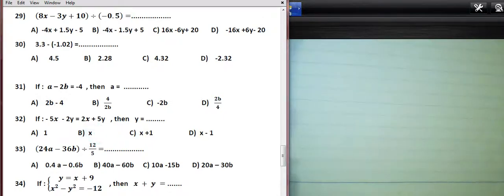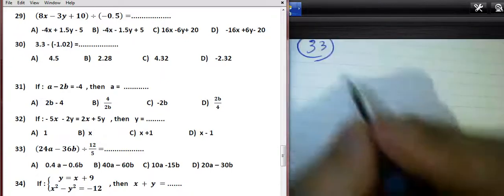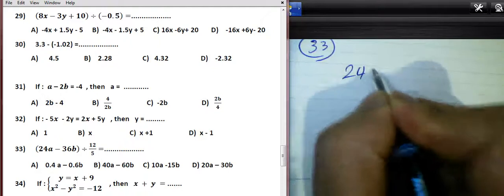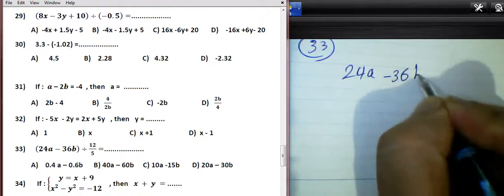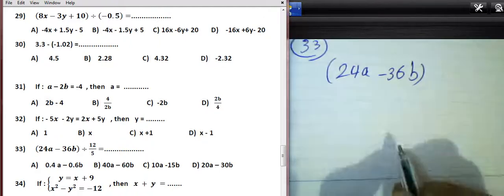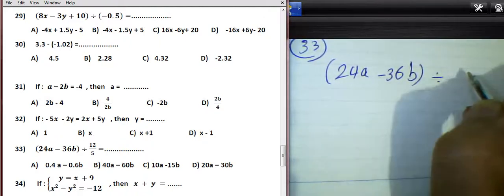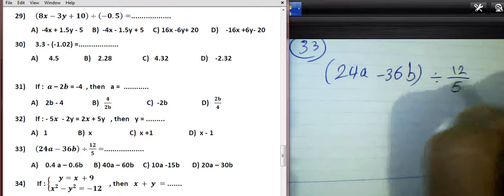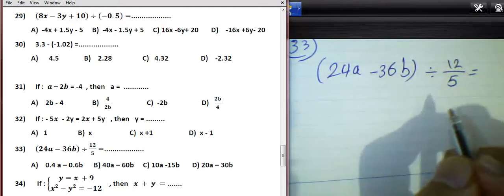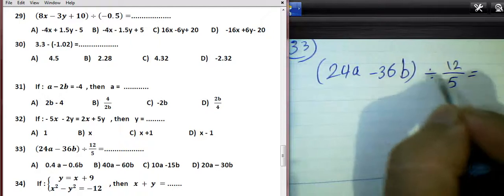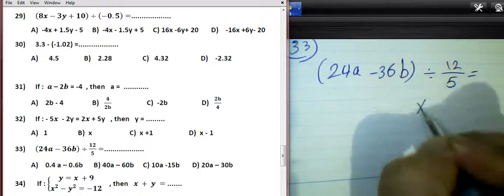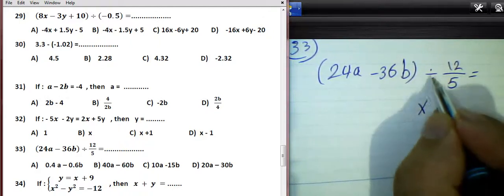Question 33. He writes 24a subtract 36b in brackets divided by 12 over 5. We can use the properties of multiplication to convert this operation from division to multiplication, right?